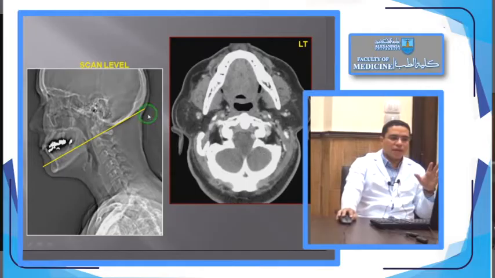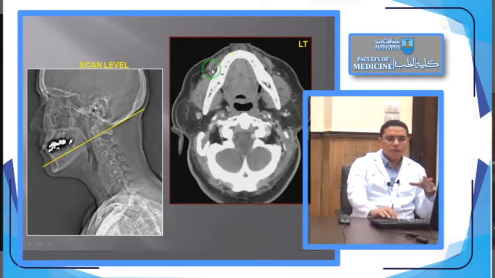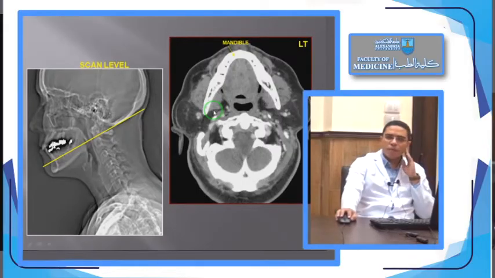At this cut, we have a lower level, at the level of the mandible. Anteriorly here, this is the mandible. And at the mandible, we have muscles lying over it and a glandular structure behind it.